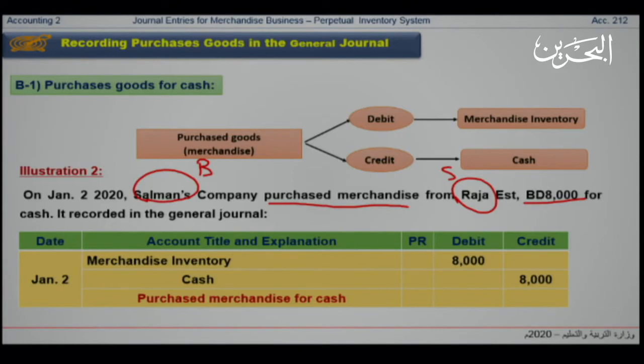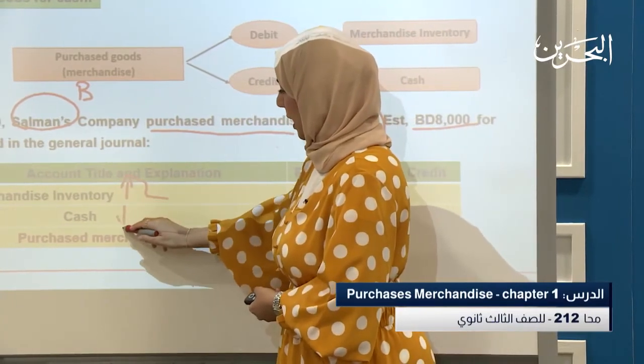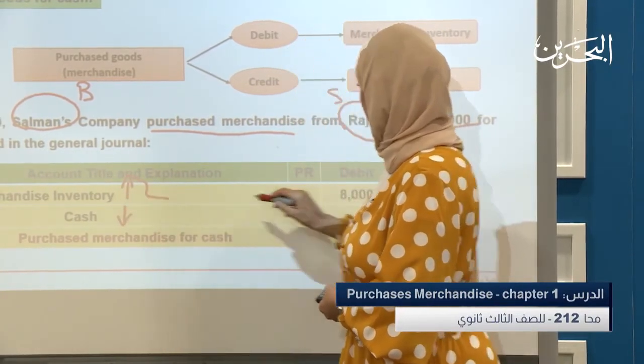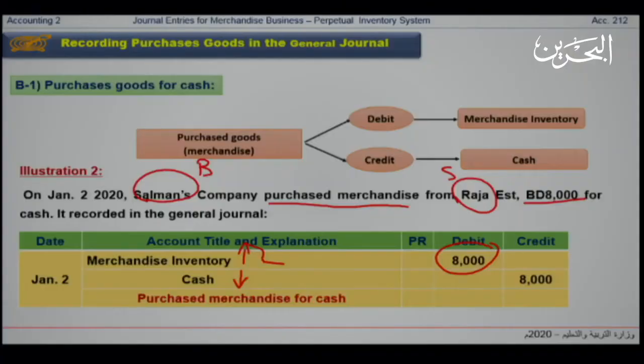If I purchase goods, my merchandise inventory will increase. And if I pay for this inventory, my cash will decrease. So I will put the inventory on the debit side because it will increase, and the cash of my company will decrease, and I will record the decrease on the credit side.